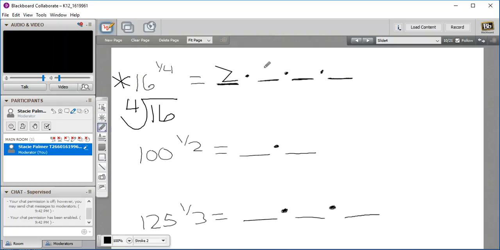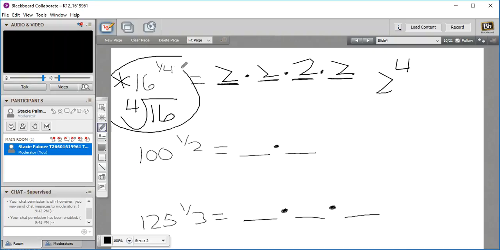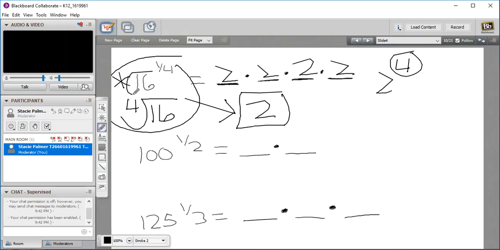Okay, and we know 2 times 2 times 2 times 2 equals 16. Okay, 2 to the 4th power equals 16. So the answer to both of these would be 2. 2 is the number that when you multiply by itself 4 times, you get to 16.